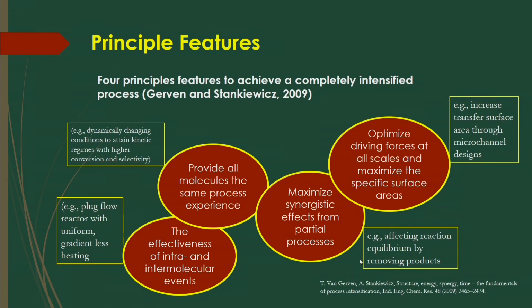Also important is that under dynamically changing conditions to attain kinetic regimes with higher conversion and selectivity, these molecular effects are important. Some performance of the processes also depends on flow regimes, whether plug flow, turbulent flow, laminar flow or slug flow.